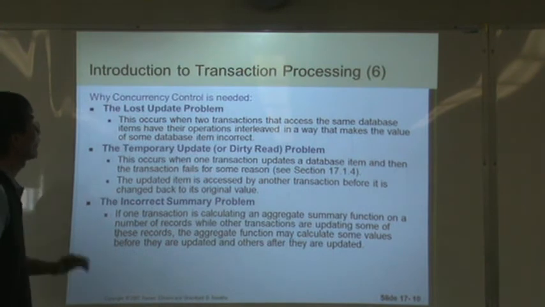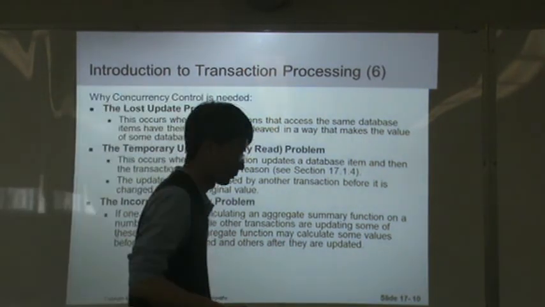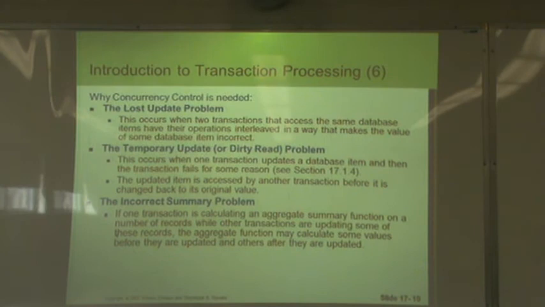Okay, so the first one is the lost update problem. When you modify the data, if you do not have such a transaction concept, concurrency control, the other user may or may not see the change.